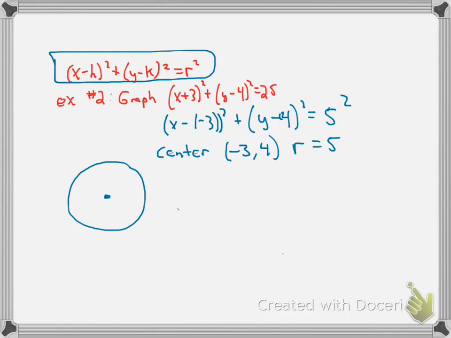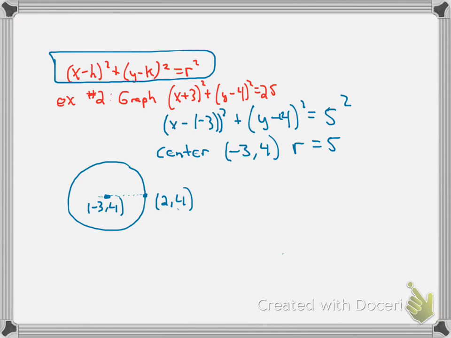The center is (-3, 4). Now if the radius is 5, some really easy points to find would be going 5 units to the right of (-3, 4). So I would be increasing the x coordinate by 5, so -3 plus 5 is 2. There's the point (2, 4) that's on the circle.